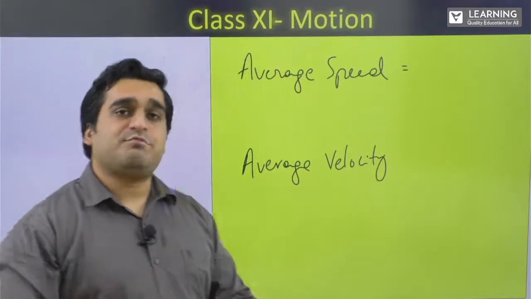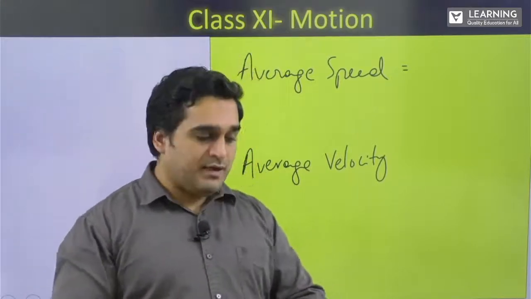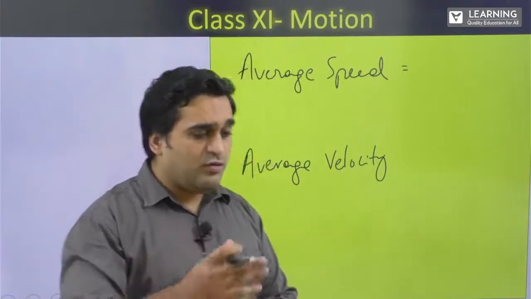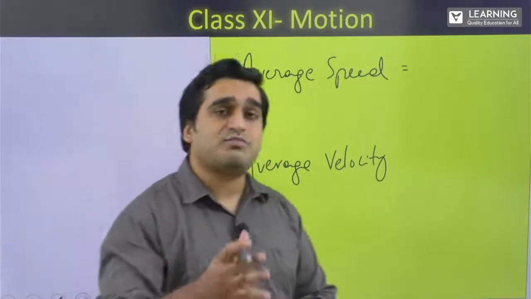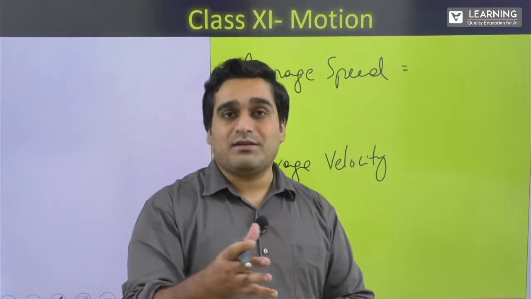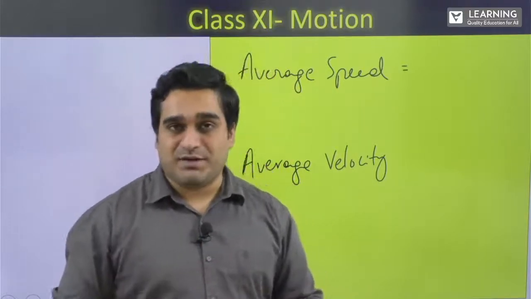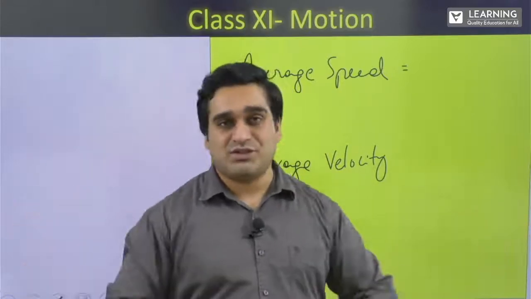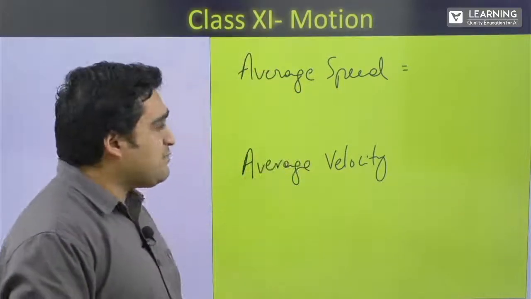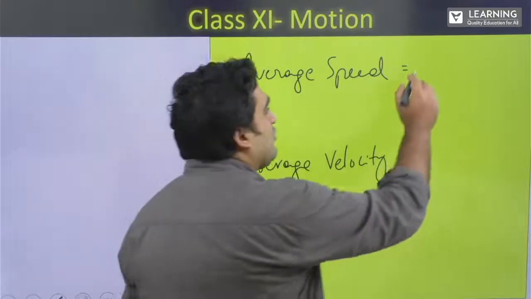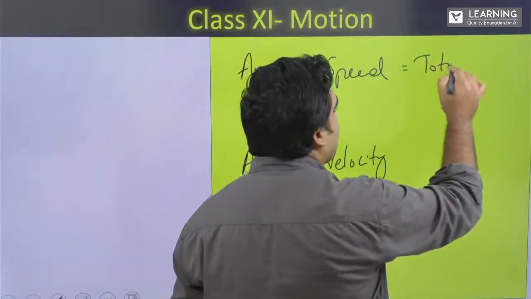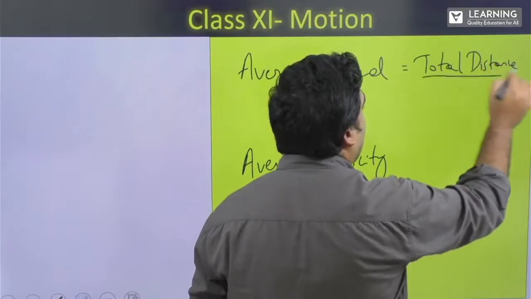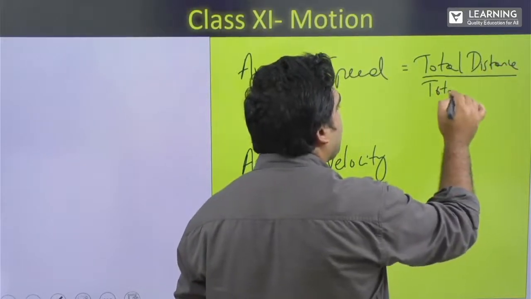So average speed means the average speed across the whole journey. In your lower classes, you might have discussed speed, just speed, but not as an average speed. So average speed is the speed throughout the journey. Average speed is defined as total distance divided by the total time taken.